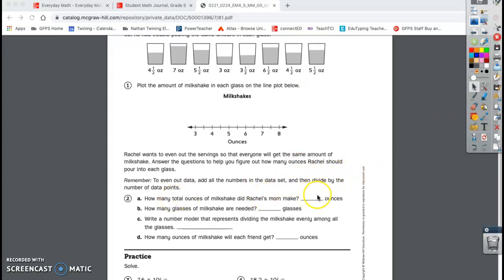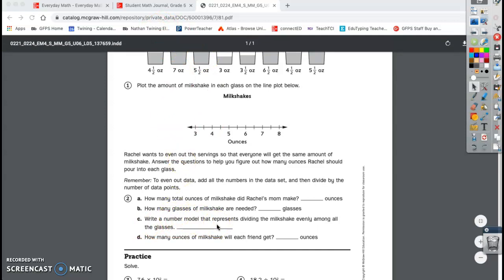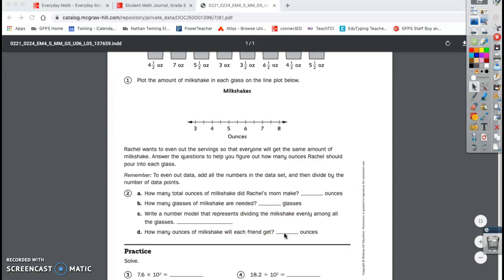So you're going to take the total number of ounces and divide that by how many glasses. We have 1, 2, 3, 4, 5, 6, 7, 8. So you take the total number divided by 8, and that'll be our number model, the total number divided by 8 equals probably G for glasses, and that's how many ounces will go into each glass.